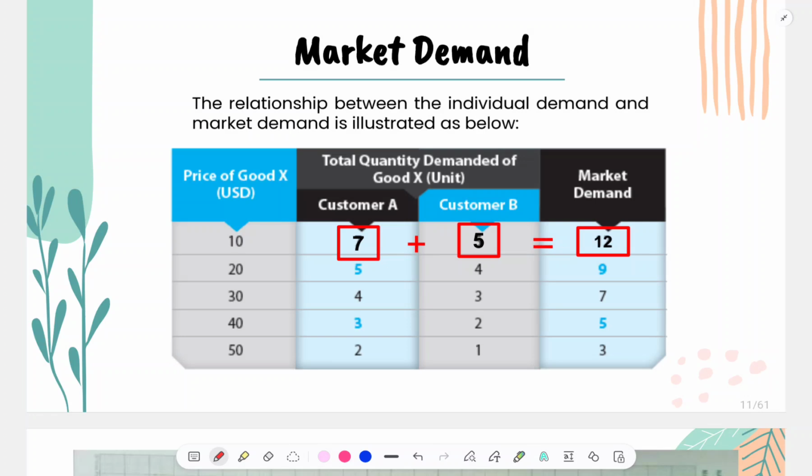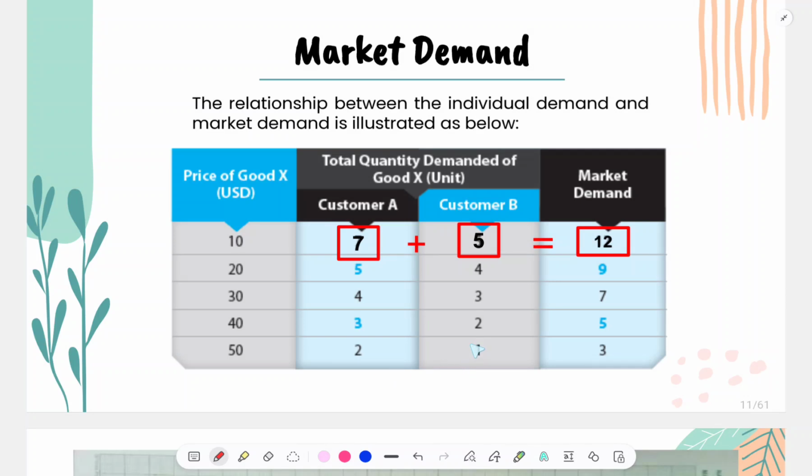But for both buyers, we can still see the same rule. When price increases, quantity demanded decreases. This follows the law of demand. So how to get market demand? Simple. Just add the quantity demanded for each buyer at every price level.